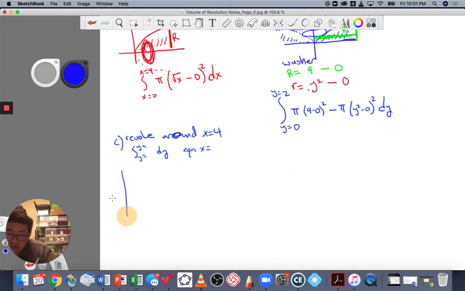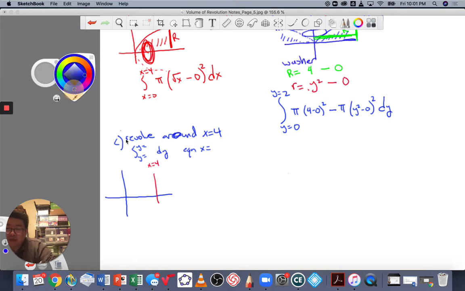So here's my graph. Here's x equals 4. We are doing a volume of revolution. So there you go. There's my square root. Over here is what it would look like on the other side. We're revolving around this particular spot.